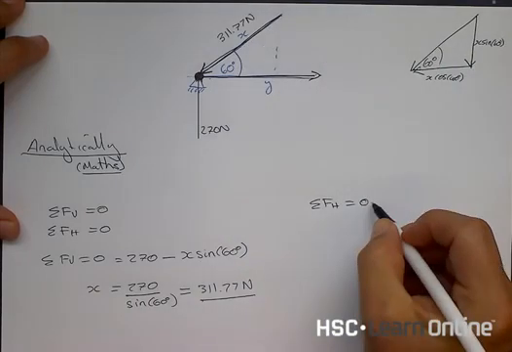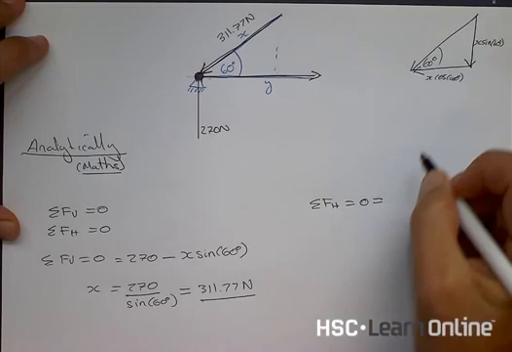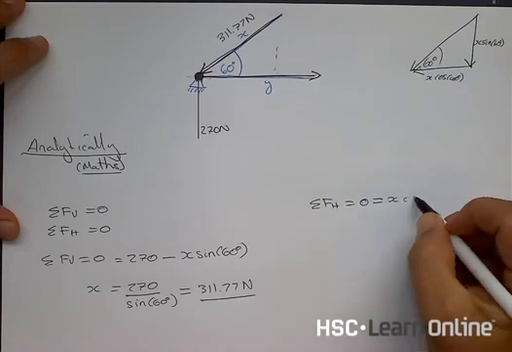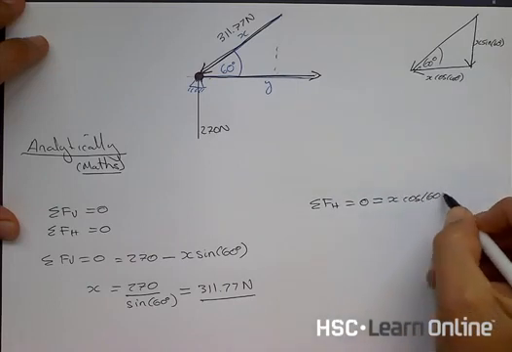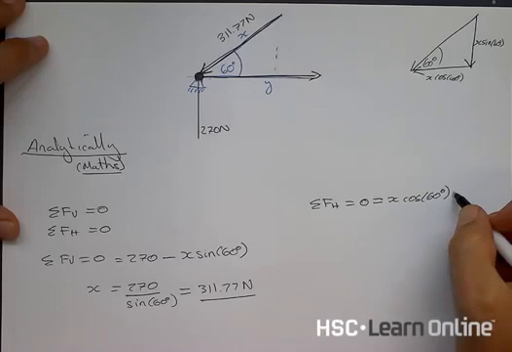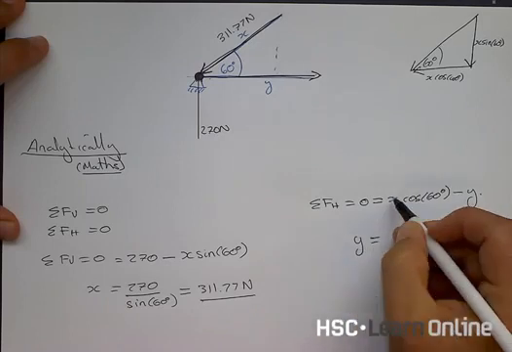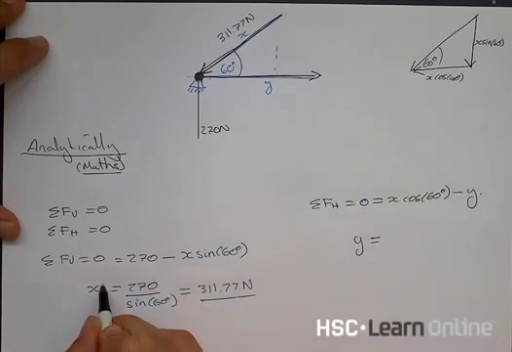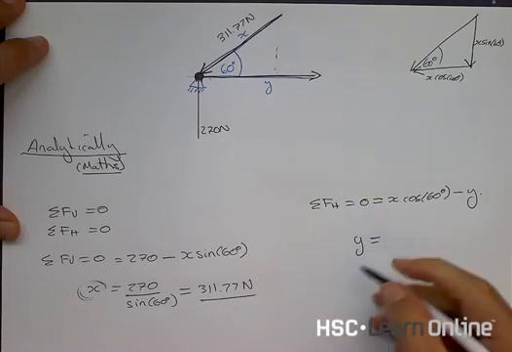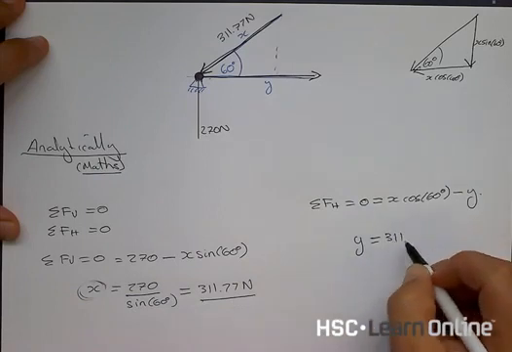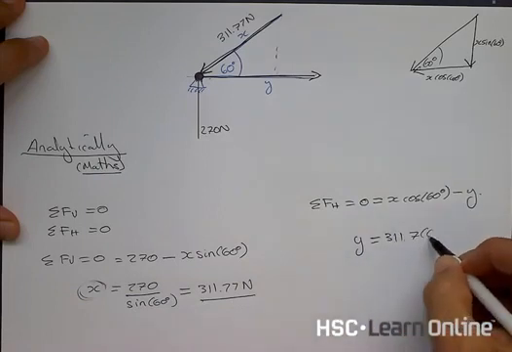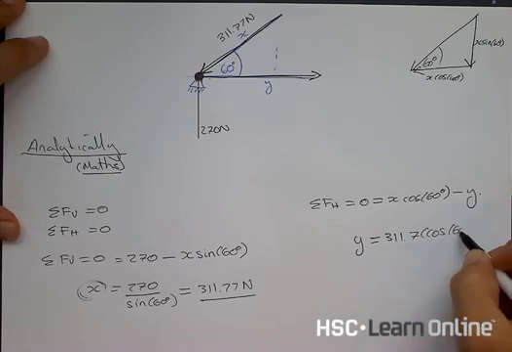And so if we add those all up, that is X cos of 60 degrees minus Y. So Y is going to be equal to, well, we know what X is now, we've just worked that out. X is 311, so 311.7 times cos of 60 degrees.